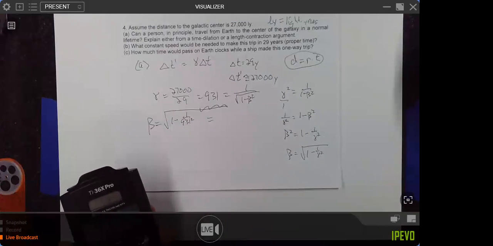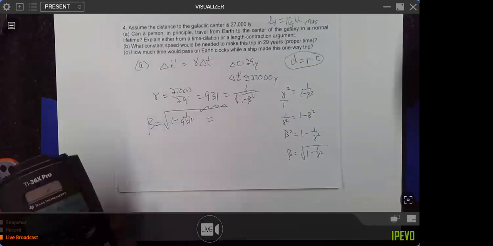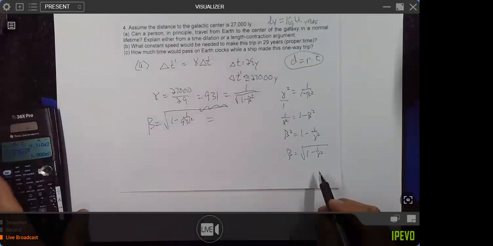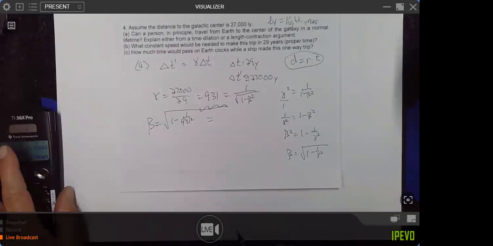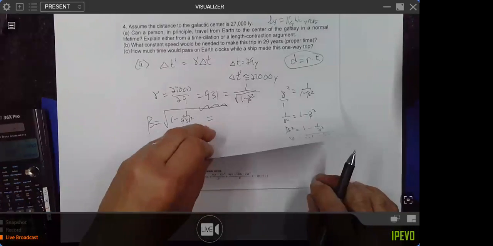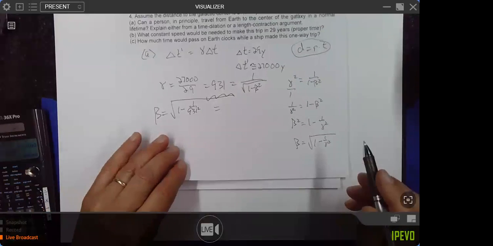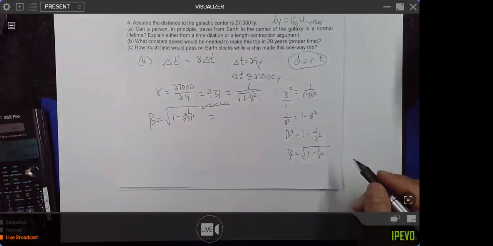We might almost need to do a series expansion on this thing, or could. Yep. I get 1.000. Okay, because it's going to have to be going so close to the speed of light. So my power series expansion again, 1 minus 1 over gamma squared.